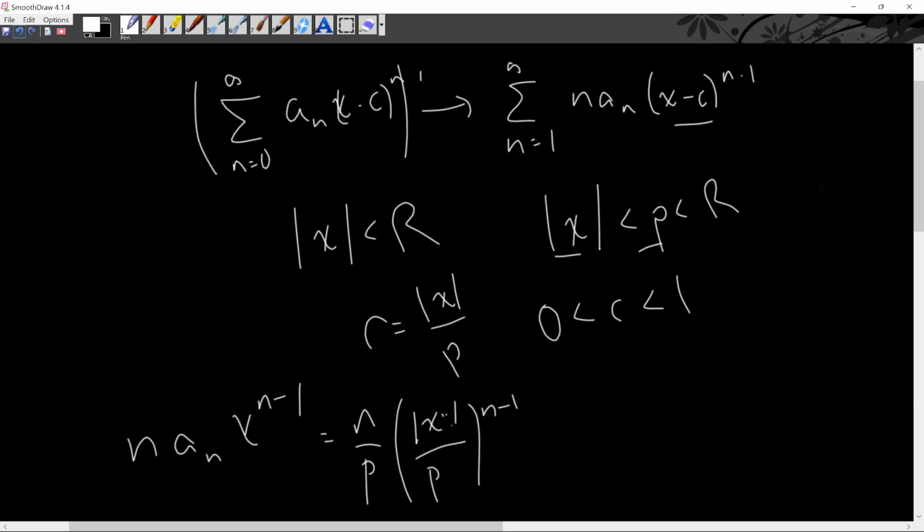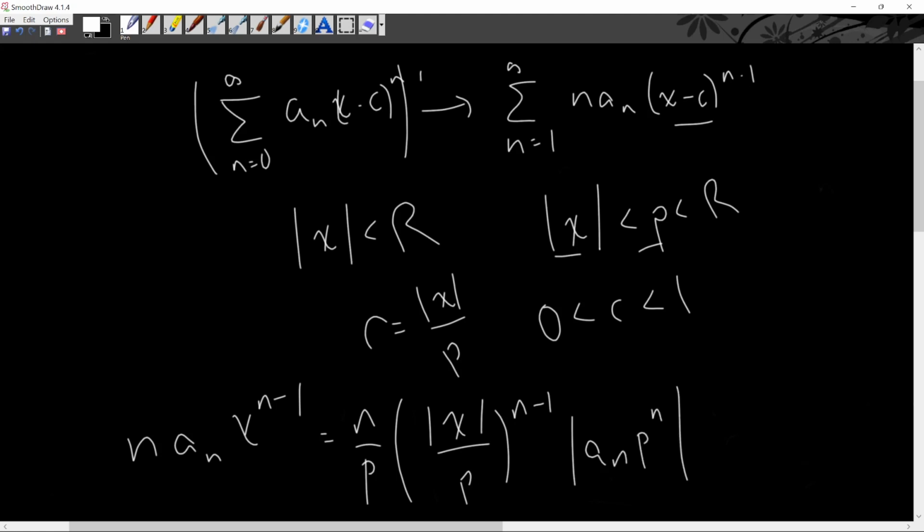Let's erase this. We have the absolute value of x over p to the n minus 1 times the absolute value of a sub n times p to the nth power. Okay, so that makes slightly more sense.